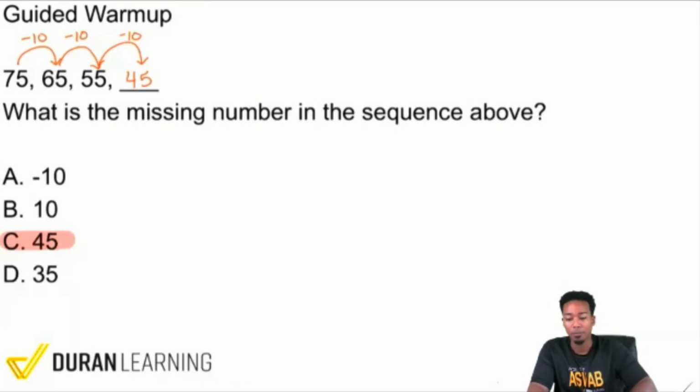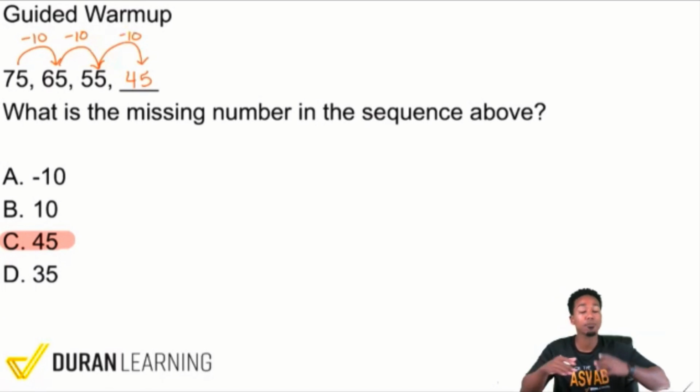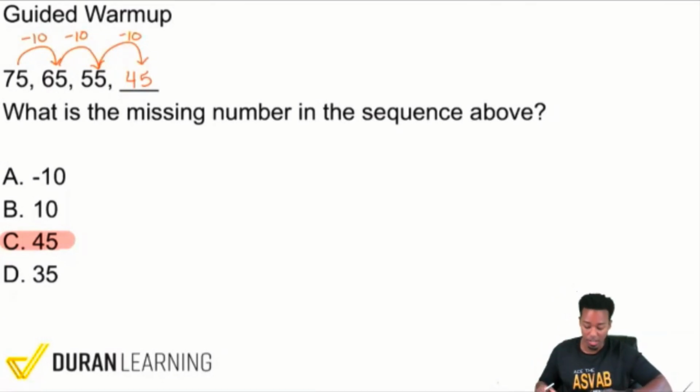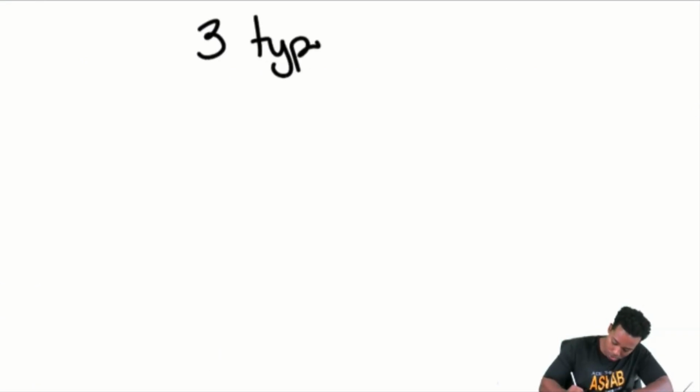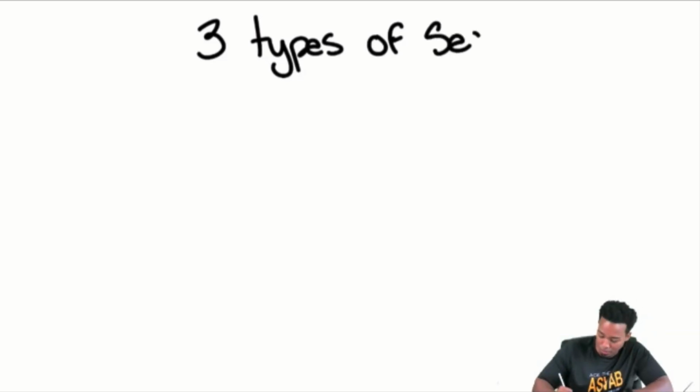And so again, let me go ahead and just write out briefly the 3 types of sequences that you can face. And so here they are. The 3 types of sequences that you can run into, at least for the ASVAB.